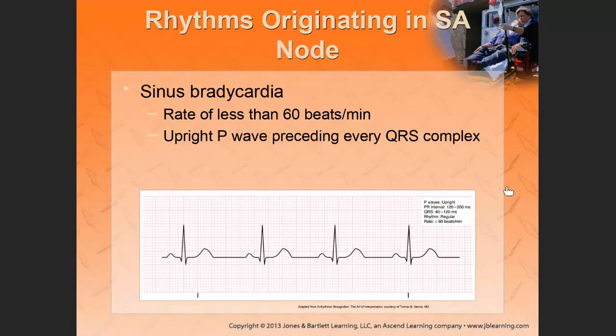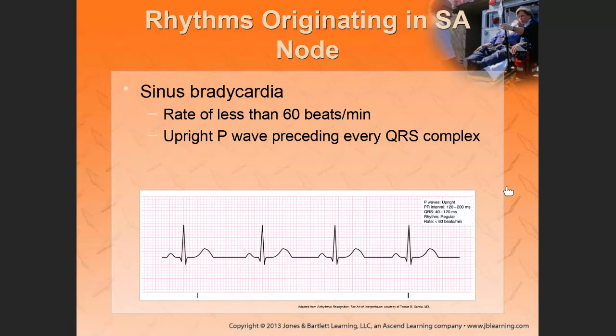All right, now look at this rhythm and identify your waveforms. Can you see a P wave? Yes or no? Are we seeing a P wave? Quickly. Yes. Are the P waves consistent? Yes, they are consistent. Is every P wave followed by a QRS complex? Yes.